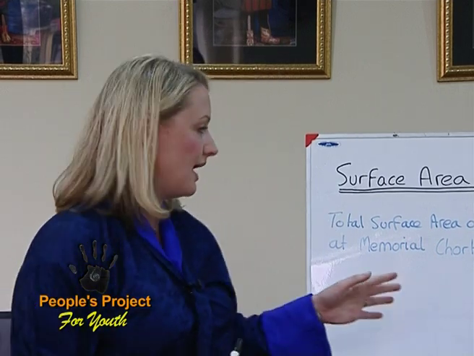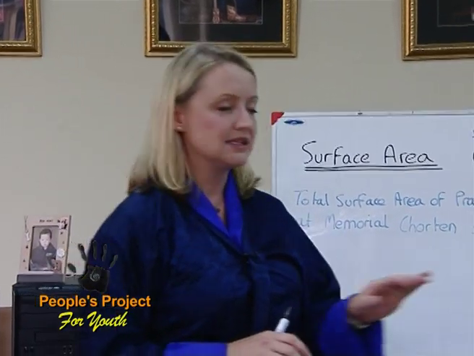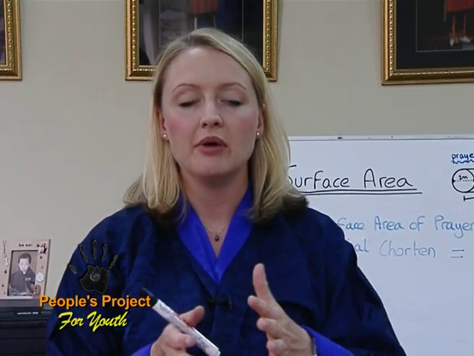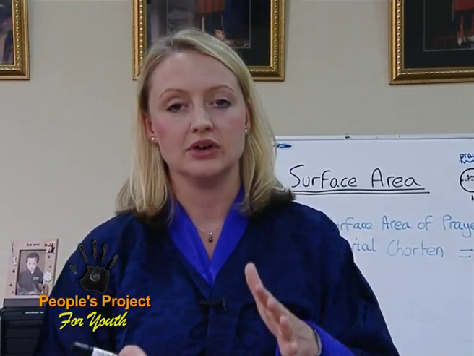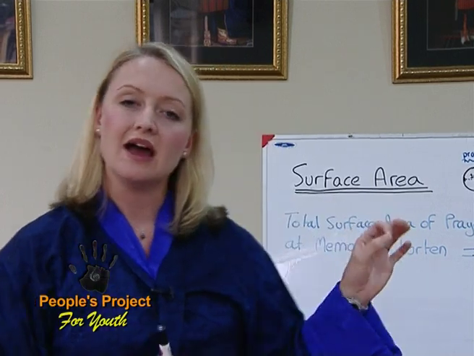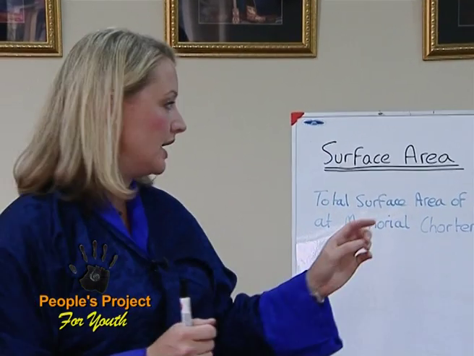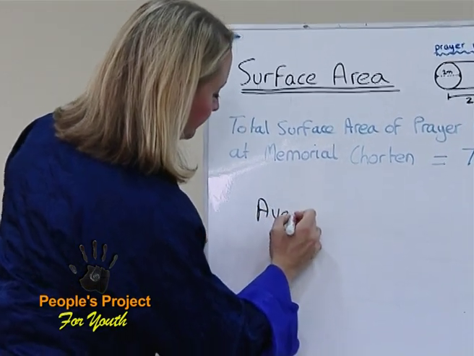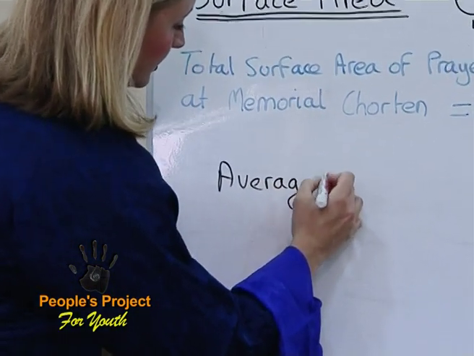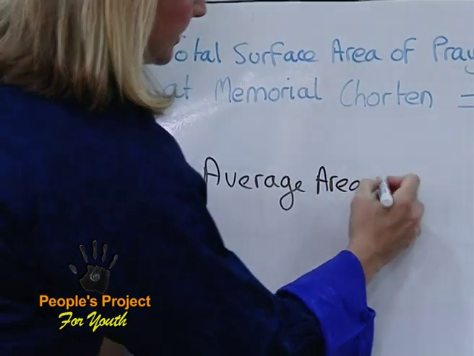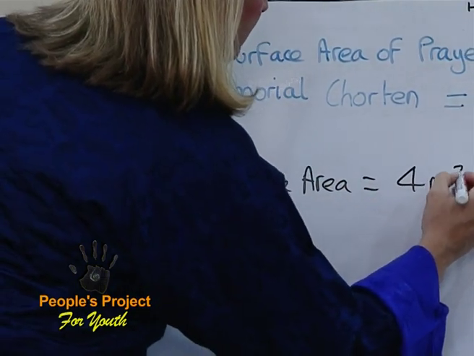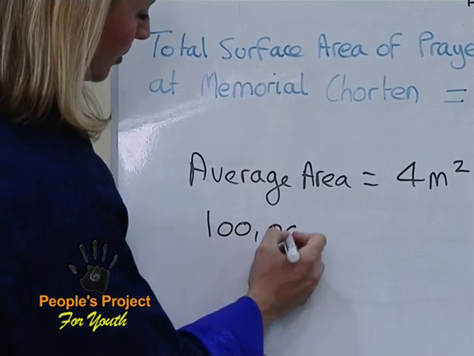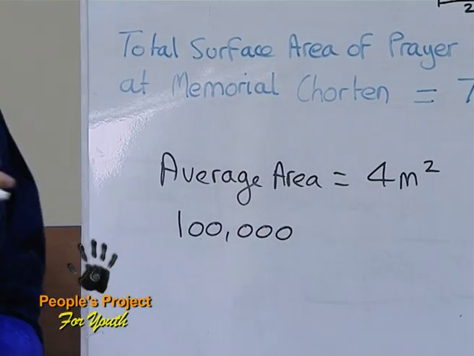Prayer wheels come in all different sizes. So let's take an average of the larger and the smaller, and let's say our average area is going to be about 4 metres squared, and we're estimating that there are approximately 100,000 in Bhutan.